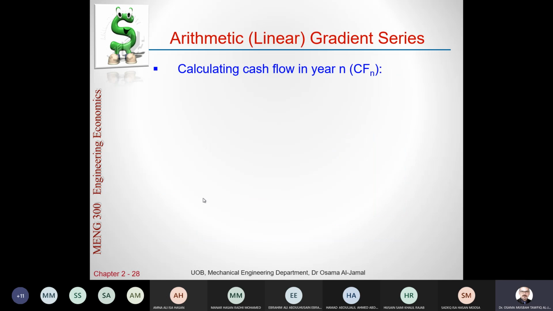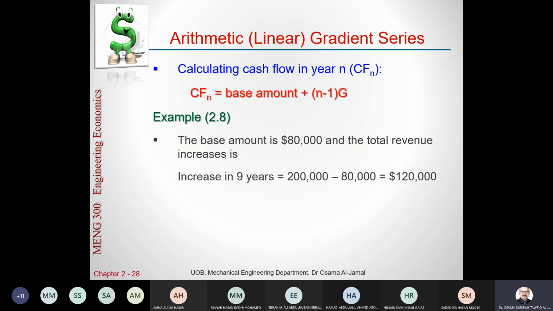Now, calculating the cash flow in year N: base amount plus (N minus 1)G. Always to have that (N minus 1)G. Let's see the example.